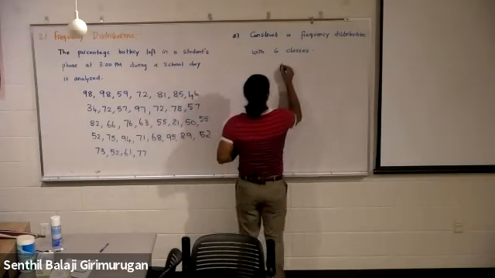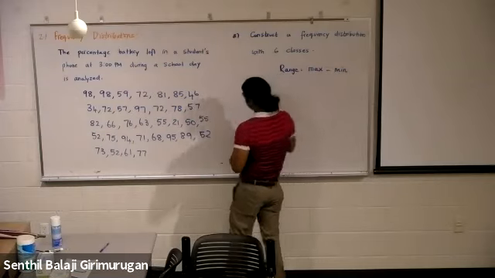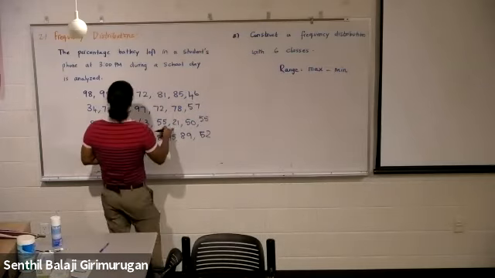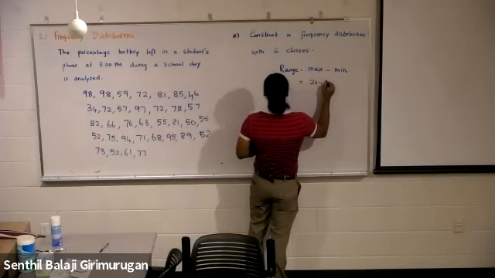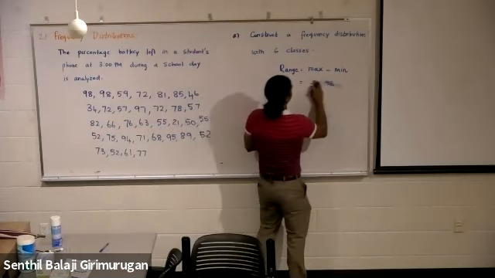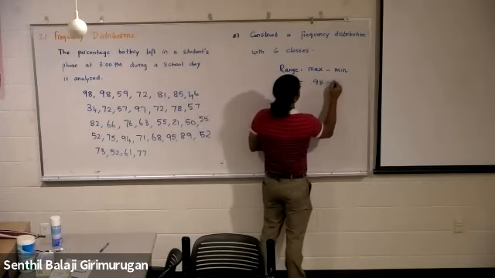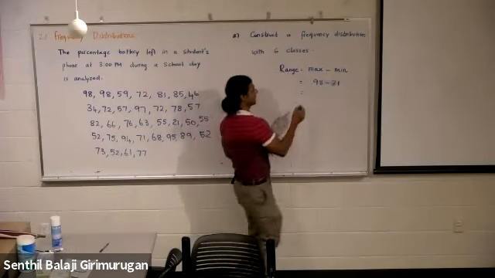So the range is the maximum value minus the minimum value. So 98 minus 21. And that is 77.